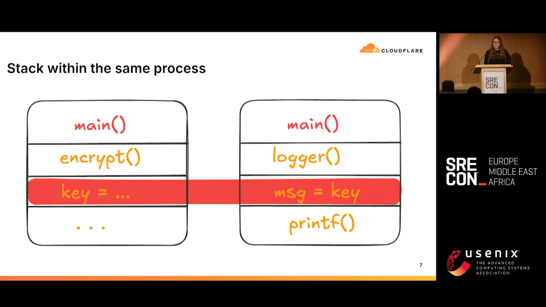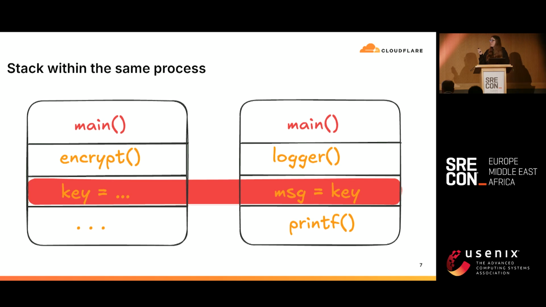If we look at the process stack, we will see that at the top of it, we have our main function. When the main function calls the encrypt function, it is placed on the stack memory right after the main function. And the key payload is also copied to the stack memory. When the encrypt function finishes its execution, the stack pointer comes back to the main function. And everything below the main function, the memory below it, is marked as free and can be reused for another function.